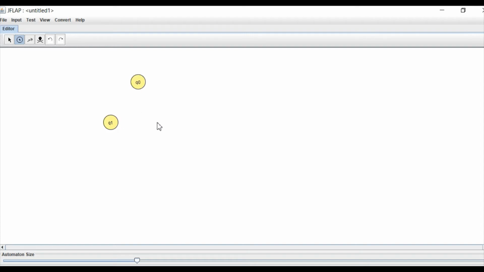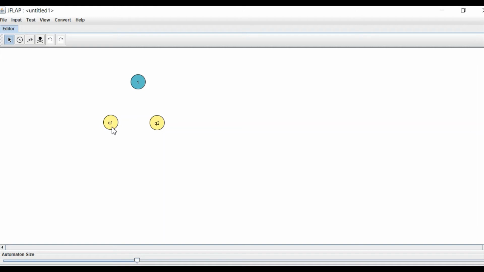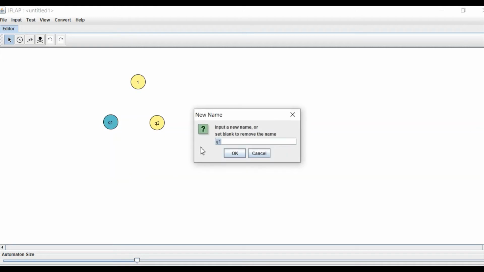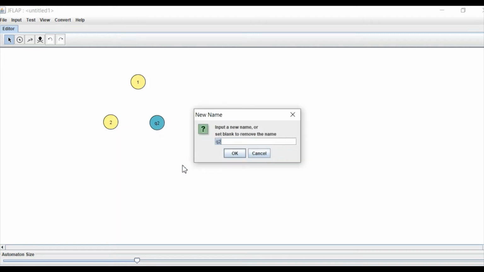I would draw the 3 states and rename them using the property set name. I would rename Q0 to state 1, Q1 to state 2, and Q2 to state 3.